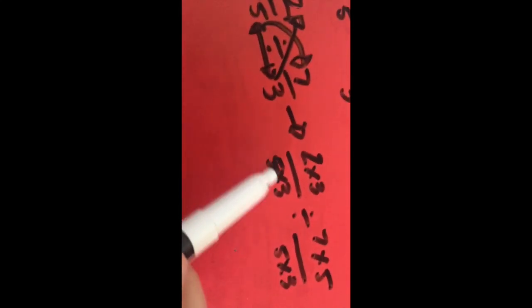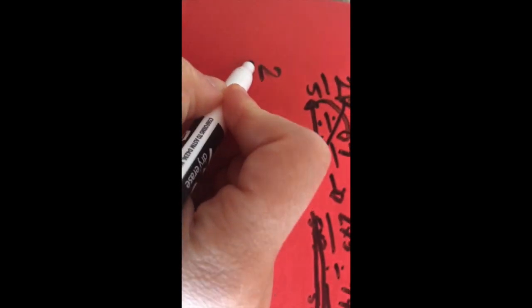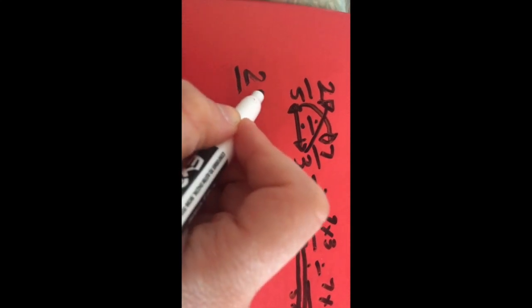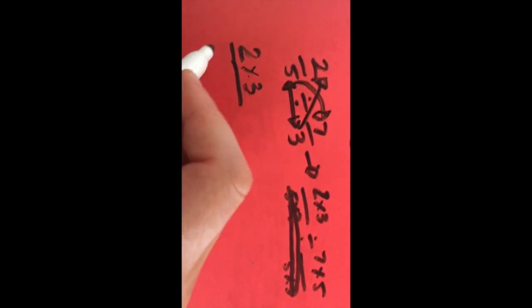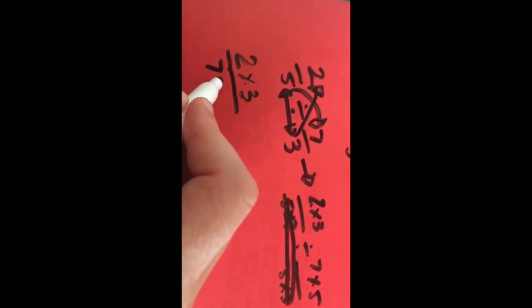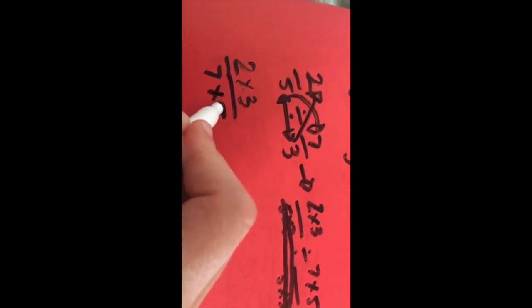Okay, so we can forget about that because we already drew it out. Now I'm going to rewrite this problem, because that is pretty much saying that I have 2 times 3 over 7 times 5, right?